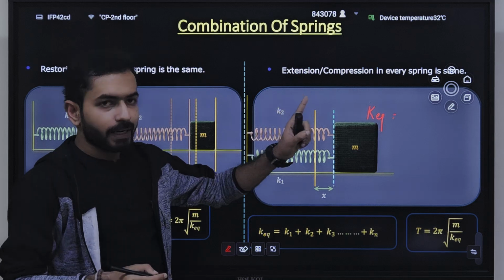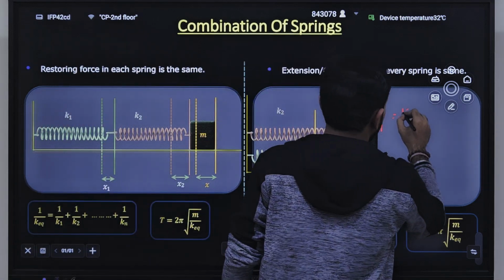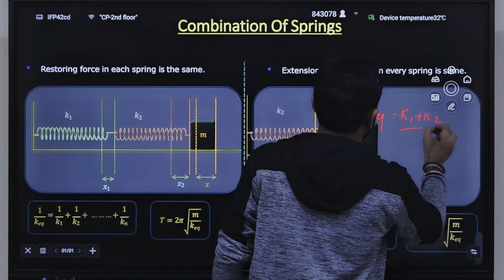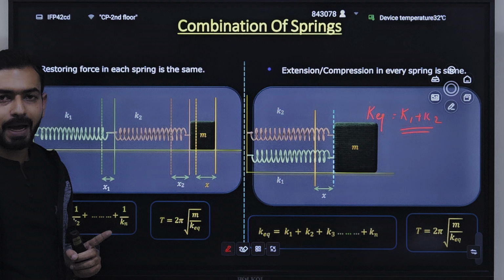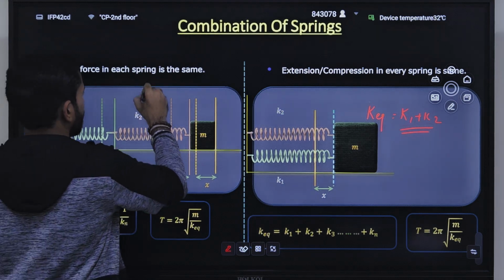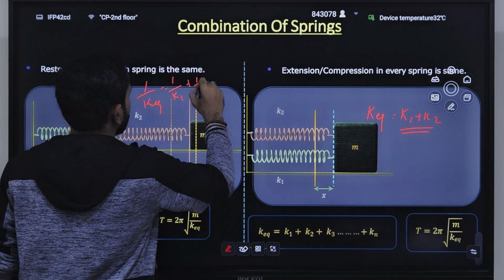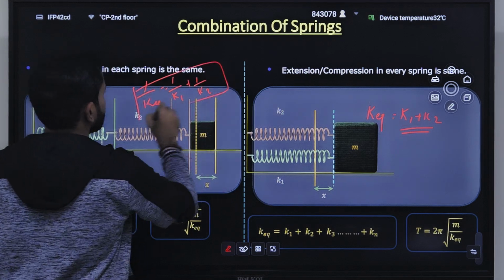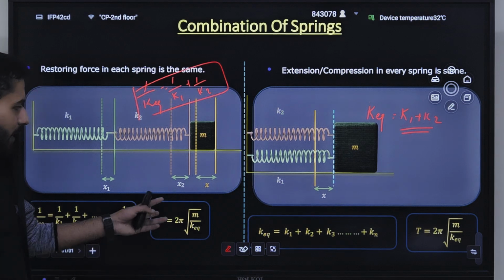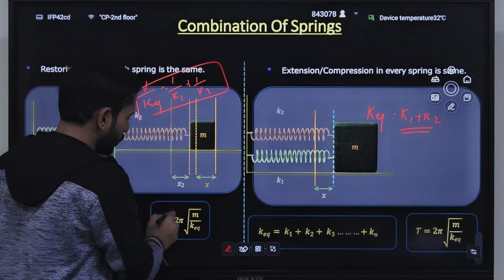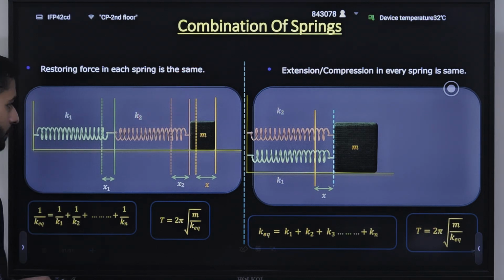For springs in parallel, use the formula of series of resistance, so K equivalent is K1 plus K2. For series combination of springs, use the formula of parallel of resistance: 1 by K equivalent is equal to 1 by K1 plus 1 by K2. And obviously your time period will depend on K equivalent: 2 pi root under m by K equivalent.